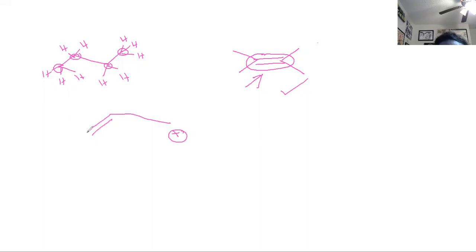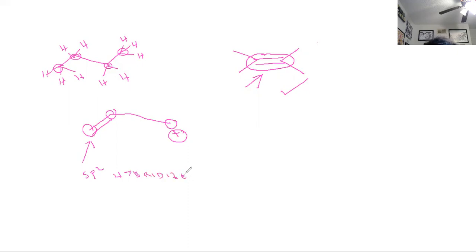We have 3 carbons. This carbon here, this carbon here, and this carbon here. This carbon right here is sp2 hybridized. This carbon here is sp2 hybridized. Why can I say that it's sp2 hybridized?